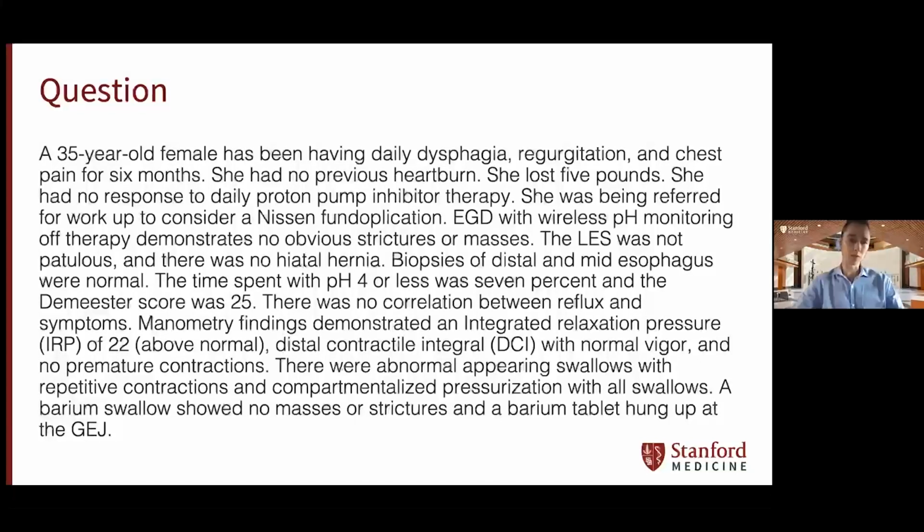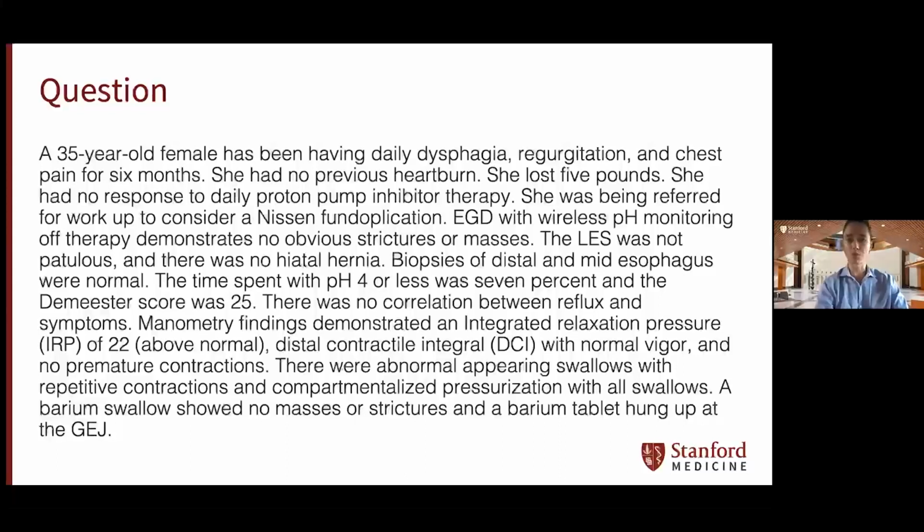The time spent with pH of 4 or less was 7%, and the Demeester score was 25. So these are both elevated. There was no correlation between reflux and symptoms. Manometry findings demonstrated an integrated relaxation pressure, or IRP, of 22, which they say is above normal, and a distal contractile integral, or DCI, with normal vigor and no premature contractions.